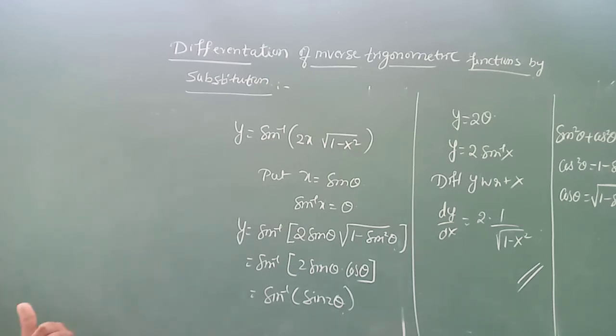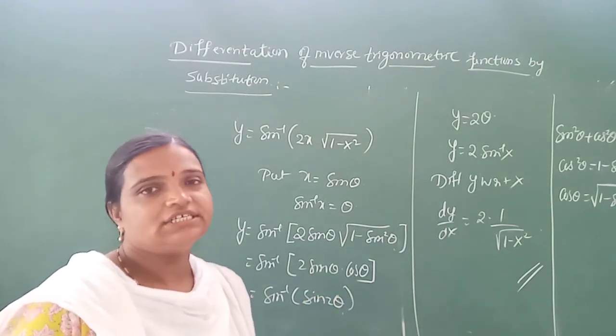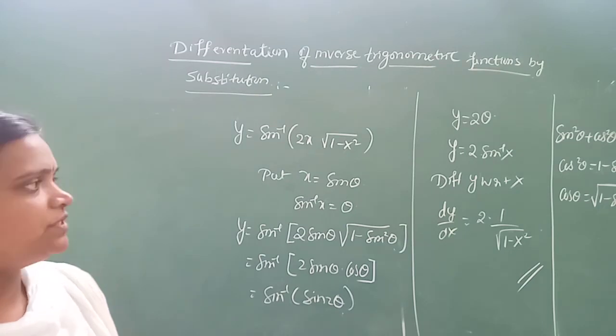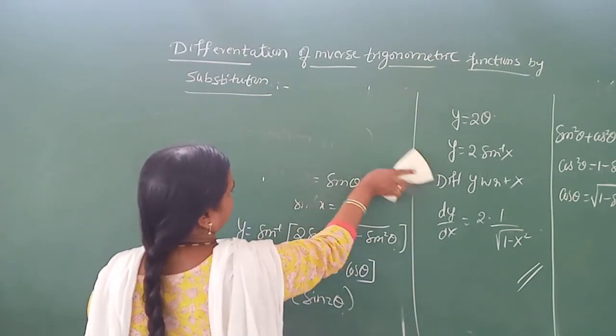Means either you can substitute x is tan theta, cos theta, sin theta, depending upon the example. Okay, we will take the next one.